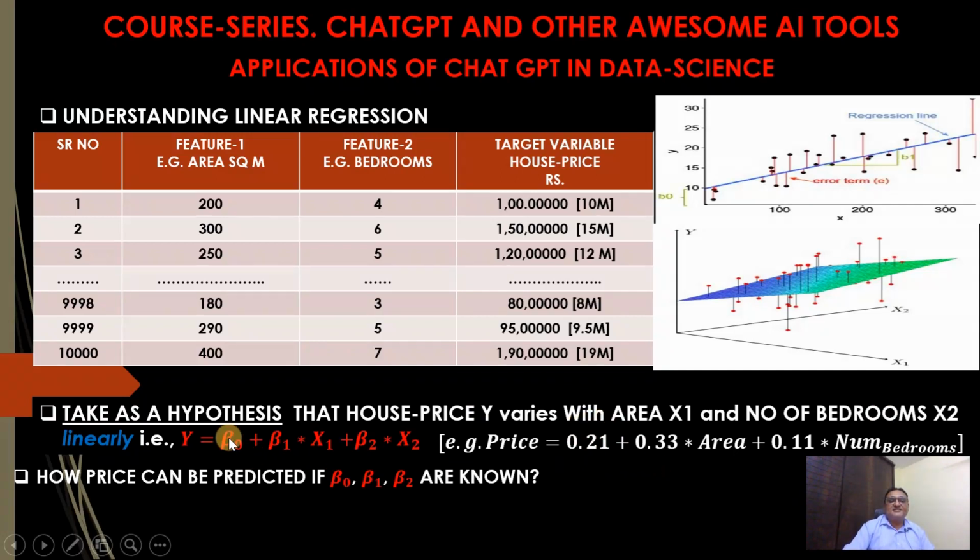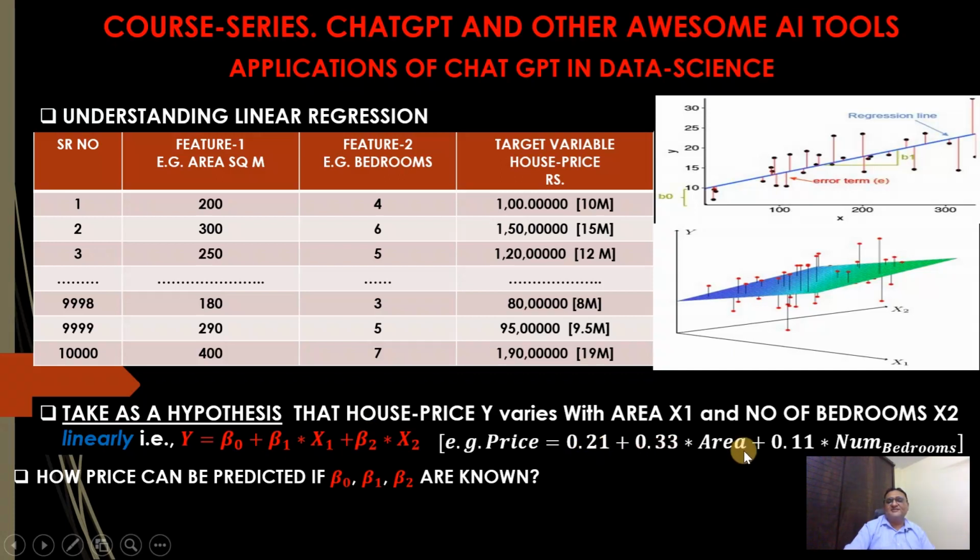So that is how you can find the price. So the question is how to find this beta 0, beta 1 and beta 2. Here the approach of mathematics and the approach of machine learning differs from each other. In mathematics, we try to solve some actual complicated equations, simultaneous equations, and try to find the value of these unknowns, beta 0, beta 1, and beta 2.